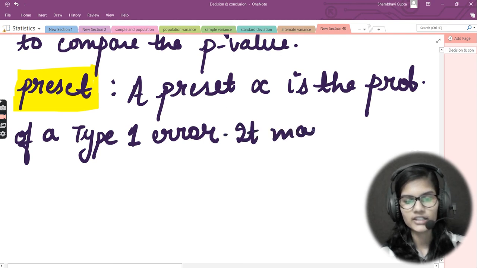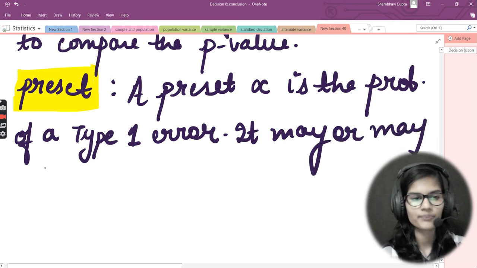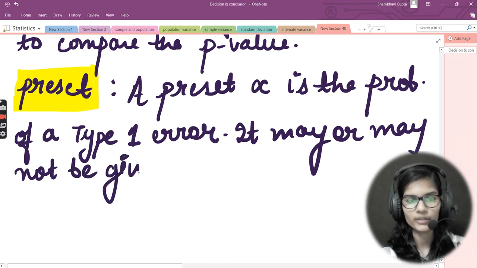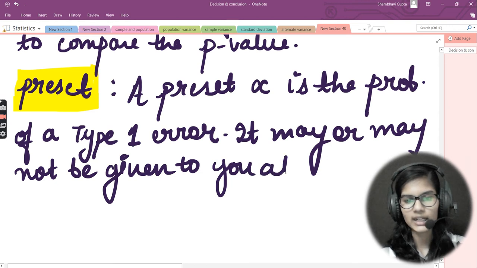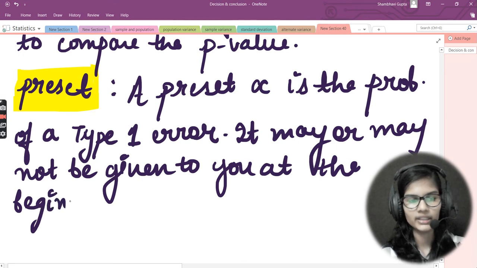It may or may not be given to you at the beginning of the problem.